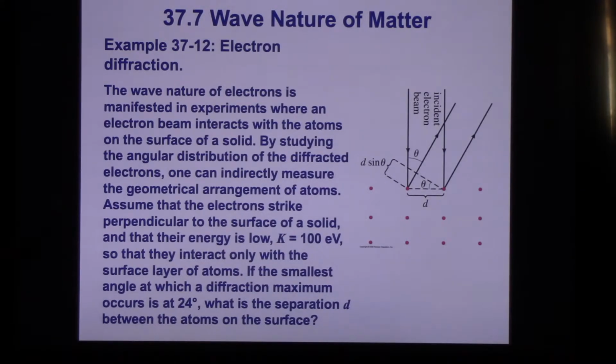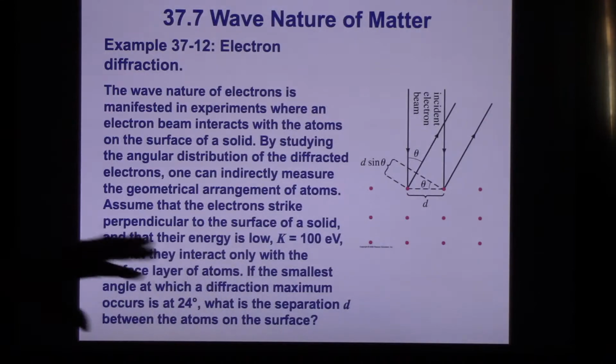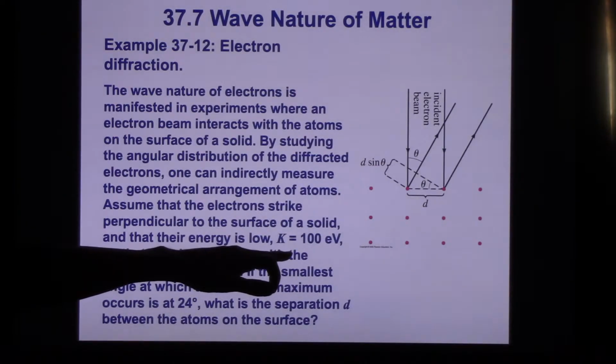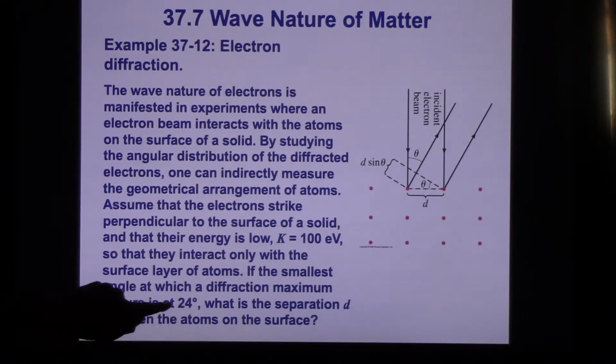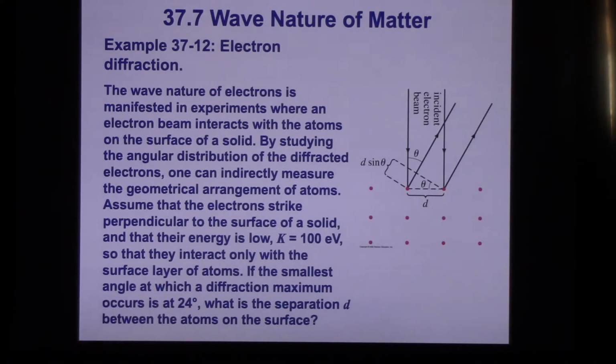So anyway, in this example, we've got a beam of electrons coming in. Now they're scattering off the front row of the atoms, and it tells us in this very long problem we're using the electrons from the previous example, which have 100 eV of kinetic energy, and we see a diffraction grating maximum at 24 degrees.